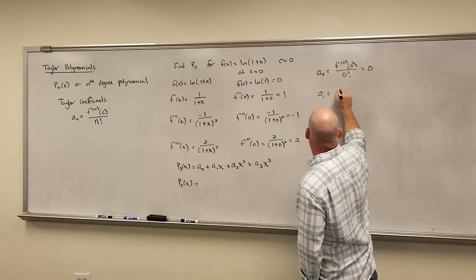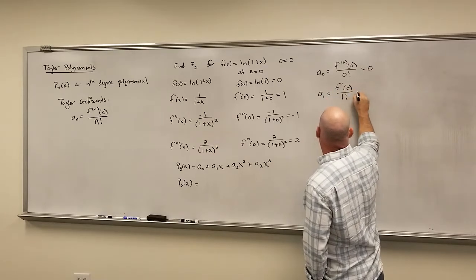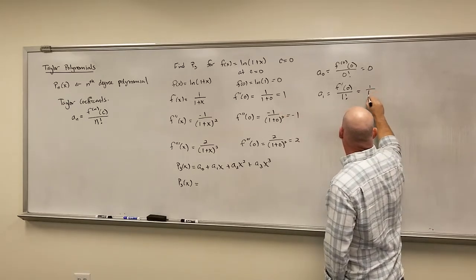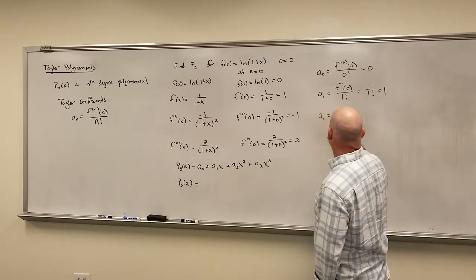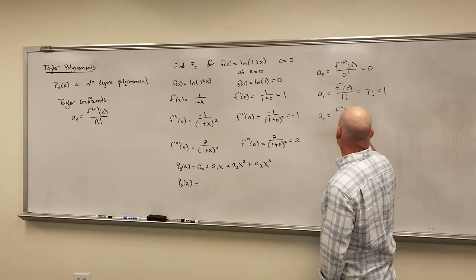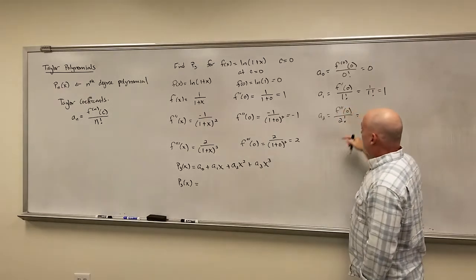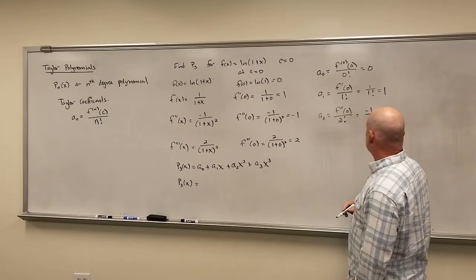So A1 is the first derivative at 0 over 1 factorial. So f prime at 0 is 1, over 1 factorial is 1. A2 then would be f double prime at 0 over 2 factorial. So f double prime at 0 was negative 1, over 2 factorial is 2.